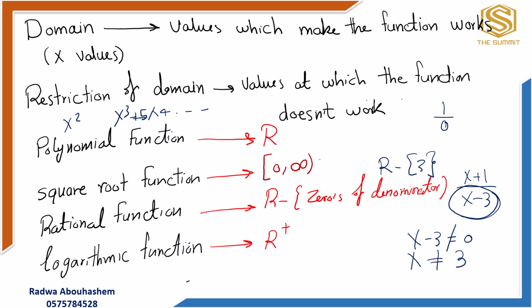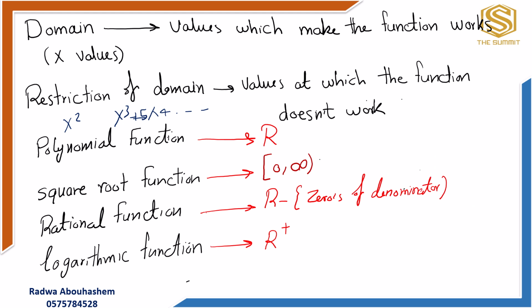What if I mix the rational function with the square root function? Let me give you an example. This one here: 2 over square root of x plus 3. This means I have to combine both restrictions. The denominator should not equal 0, and I cannot put a negative number under the square root, right? So x plus 3 should be greater than or equal to 0.